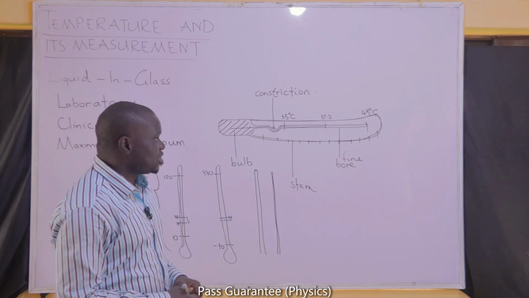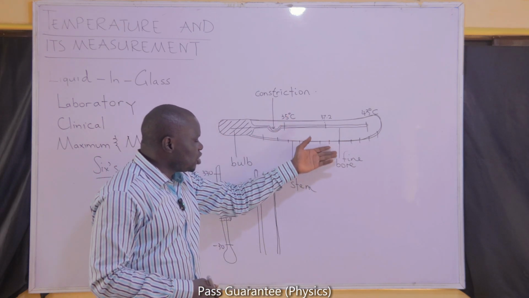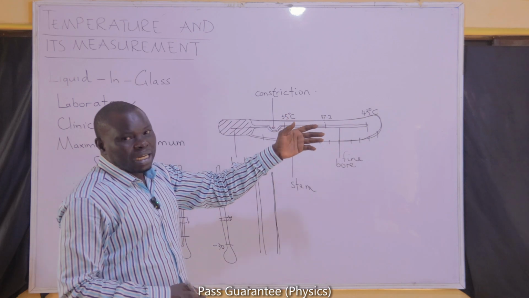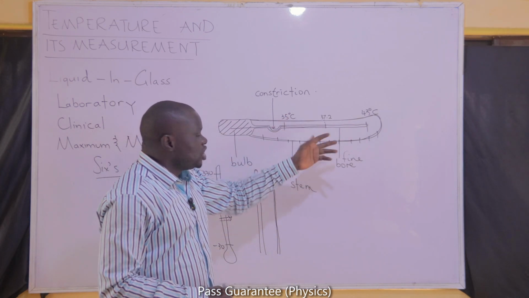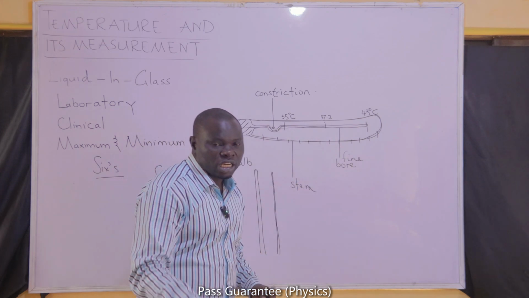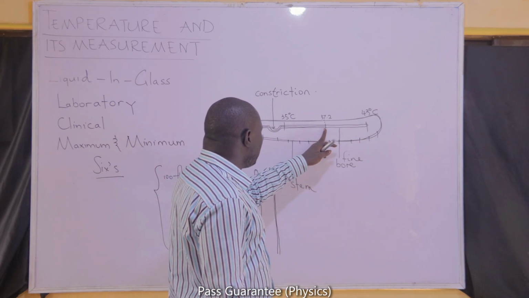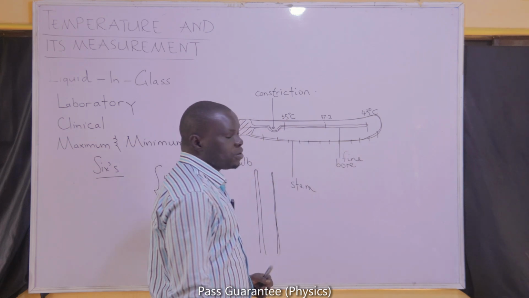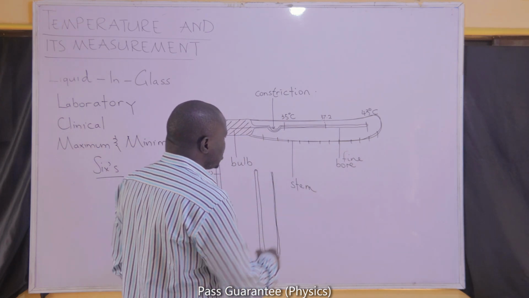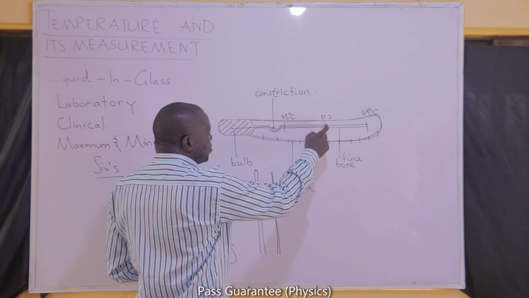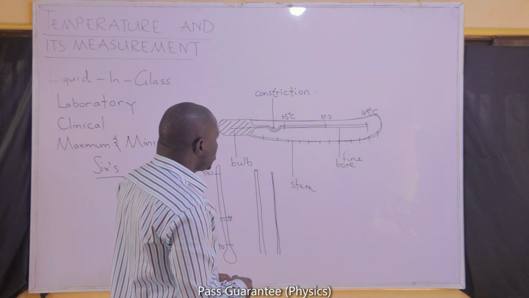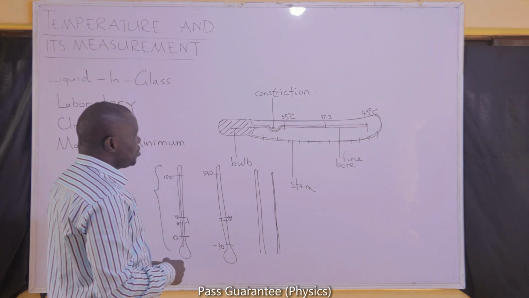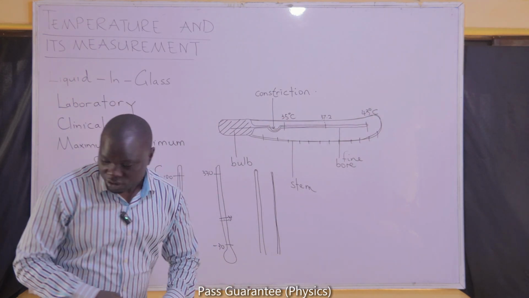In fact, it has to be jerked, it has to be shaken, before you can take it back into the bulb. If that is not done, it remains at the point of measuring the maximum temperature for a long period of time. So that is the clinical thermometer, and that is the feature of a clinical thermometer.